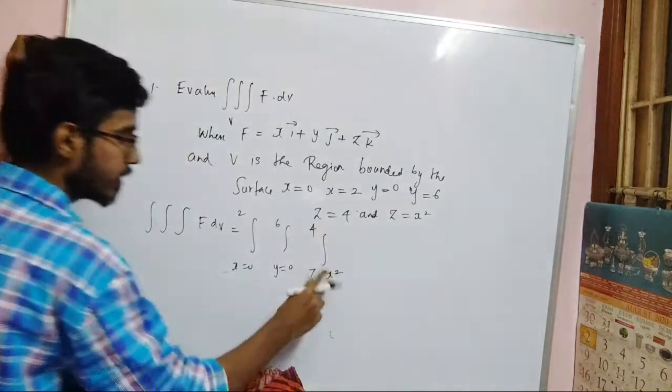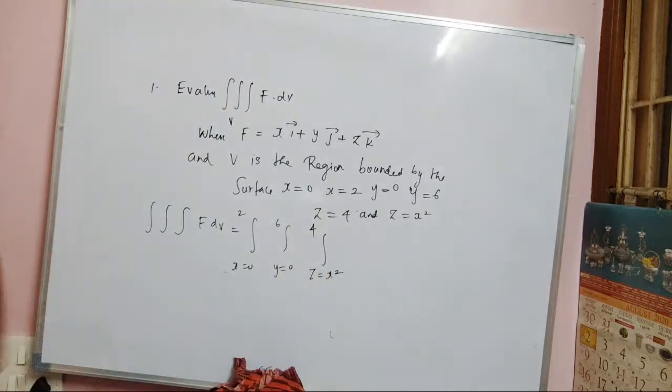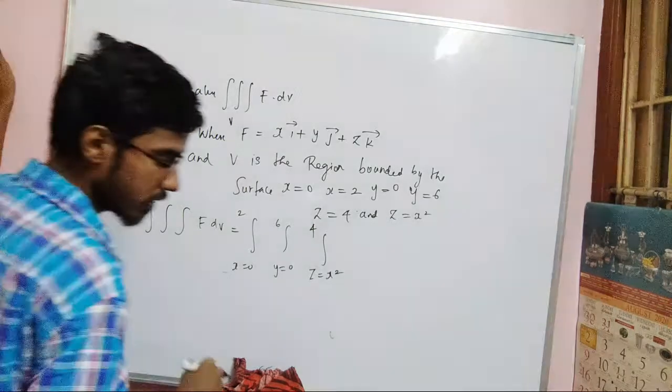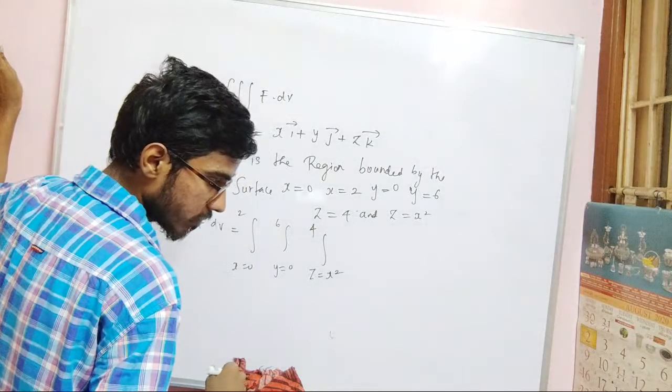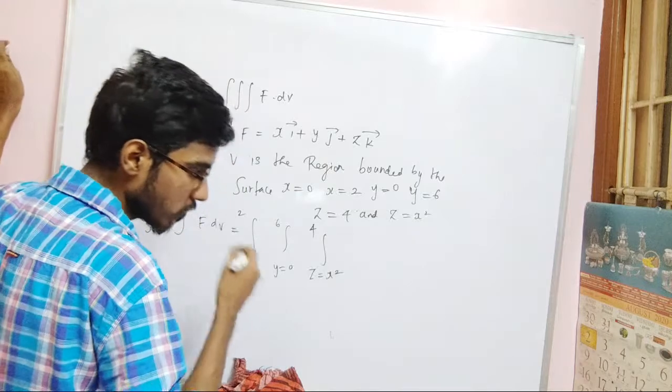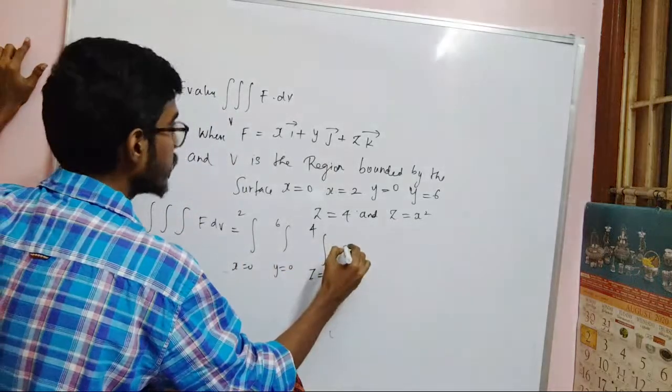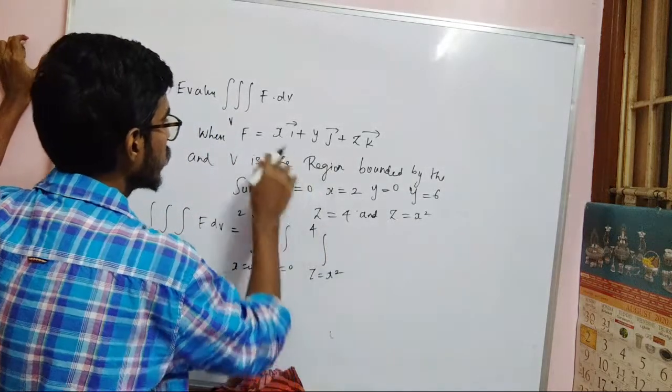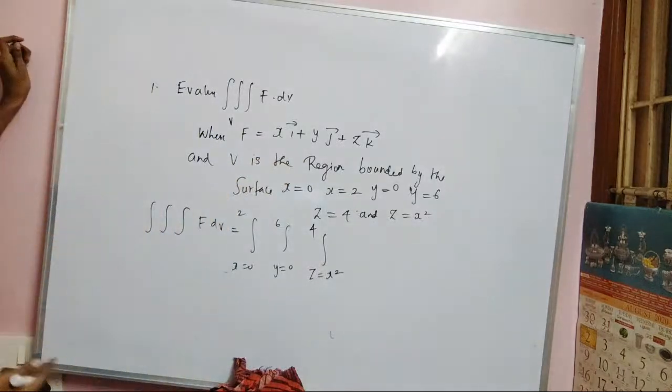You always write a variable as the lower limit, so z is equal to x square to 4. And f dot dv, where dv is dx dy dz.